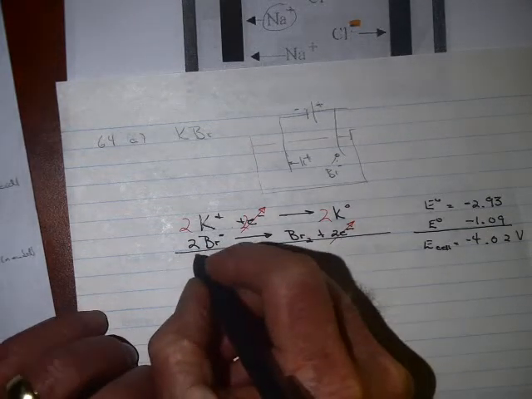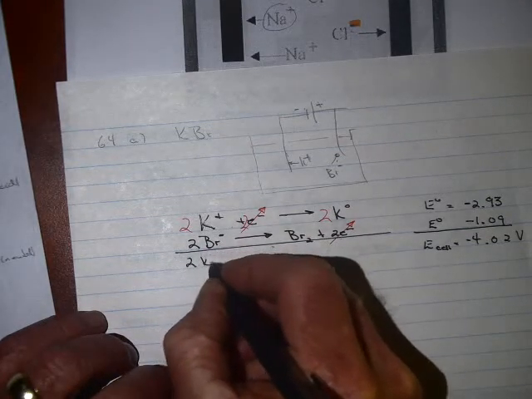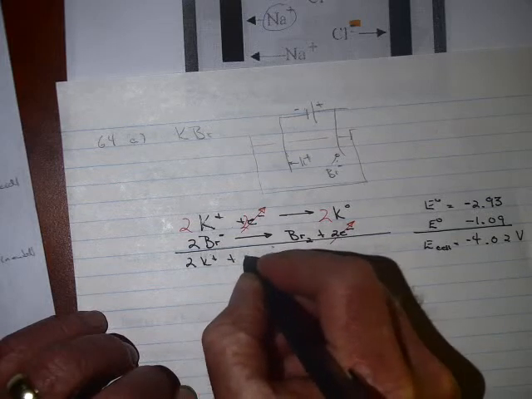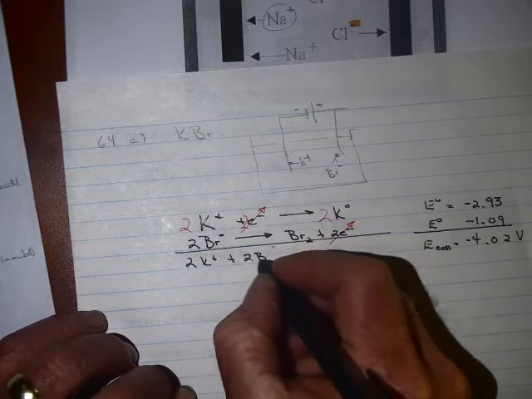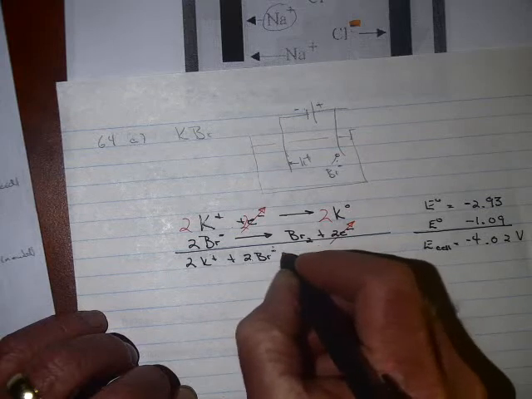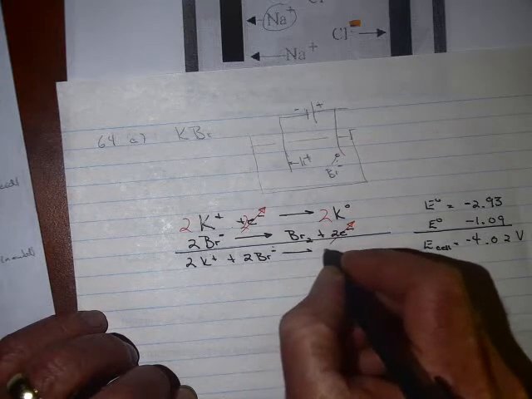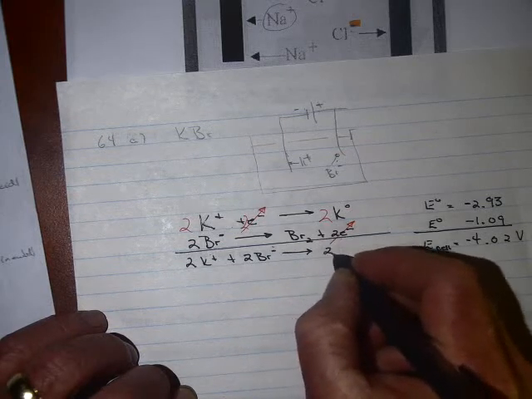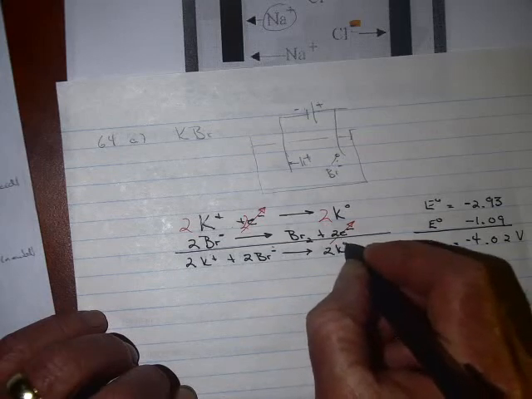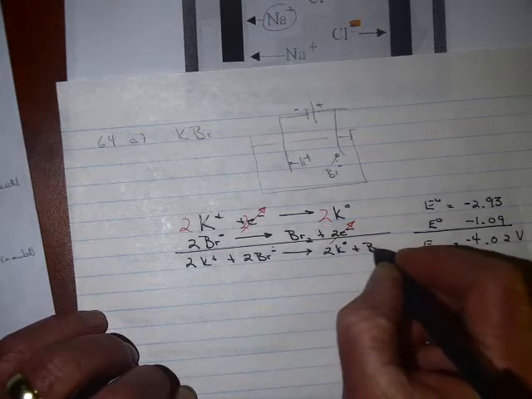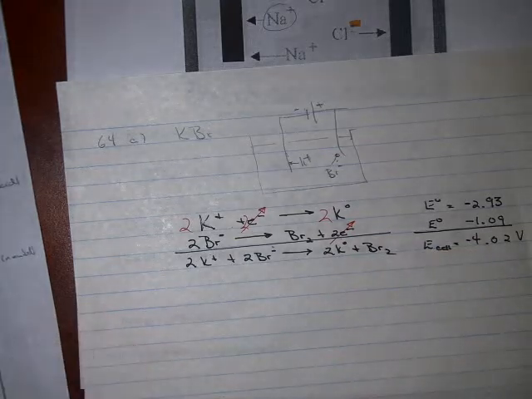And this gives me 2K plus 2 bromide ions, and this is going to produce 2K. And so that's how you do it.